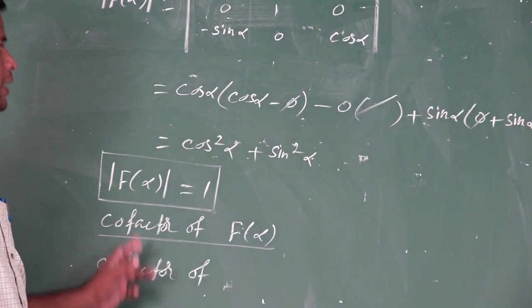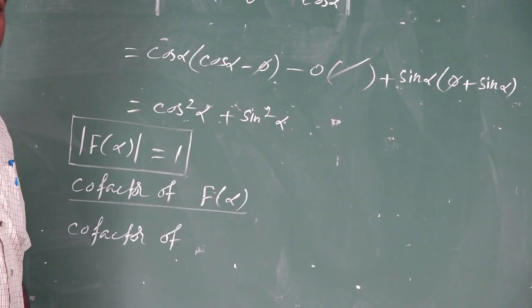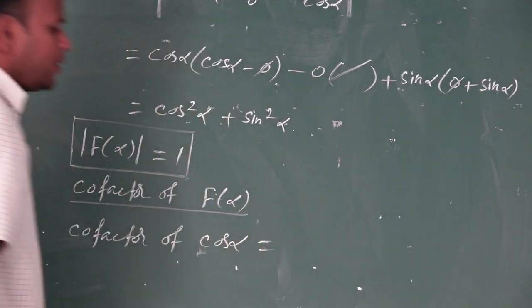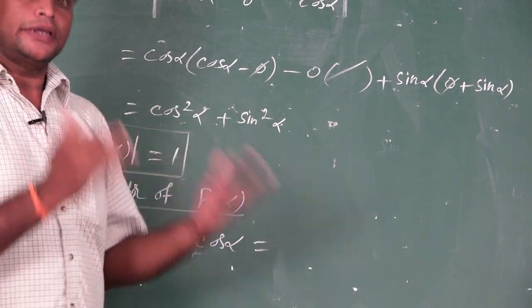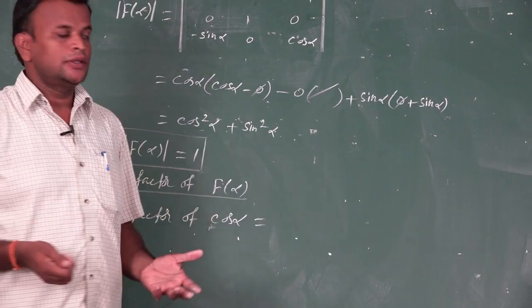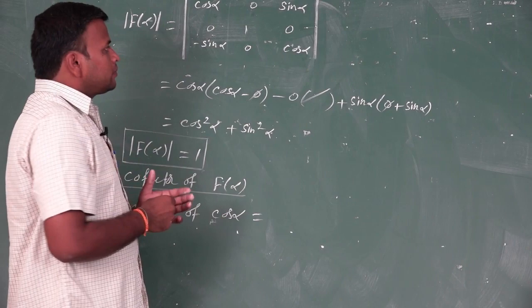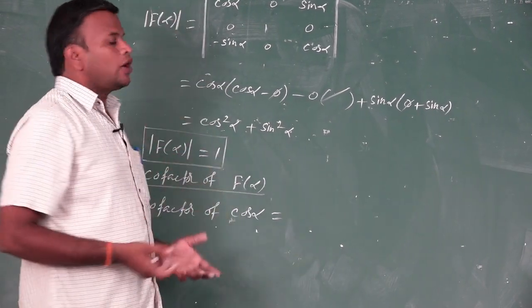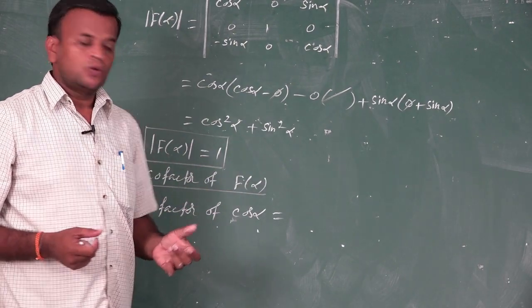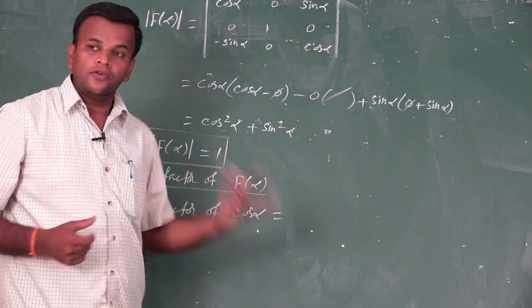So cofactor of the first element, cos alpha. In the previous video, I elaborately explained how to find the cofactor of each and every element. But in this I tell one shortcut form, or simply we write in this manner also. So cofactor of first element cos alpha.